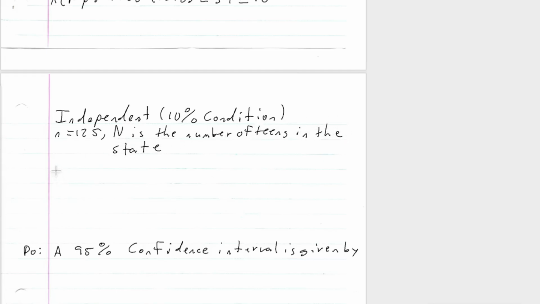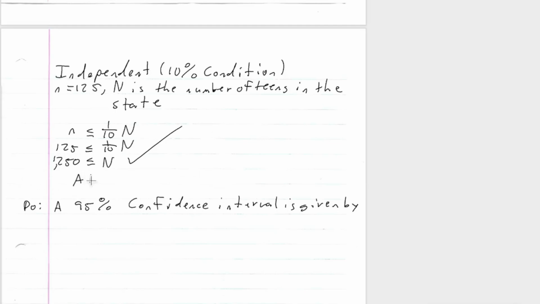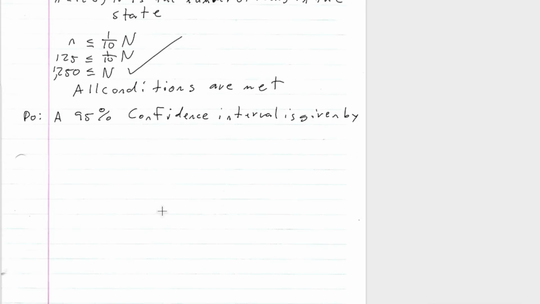So n is less than or equal to a tenth of big N, that is, 125 is less than or equal to a tenth of all teens in the state, or 1,250 is less than or equal to N, and of course, that is satisfied. So all conditions are met.